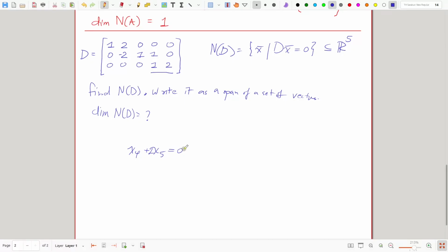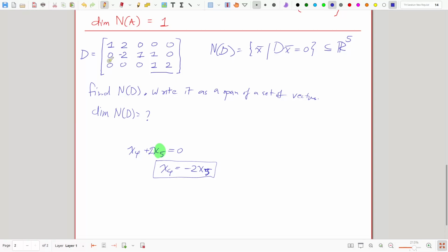Now you can see that you have one equation with 2 variables, so you can pick one that you want to set. So which one do you like? Let's pick x5. So given x5, I know that x4 equals minus 2x5. This is the first one that we know.